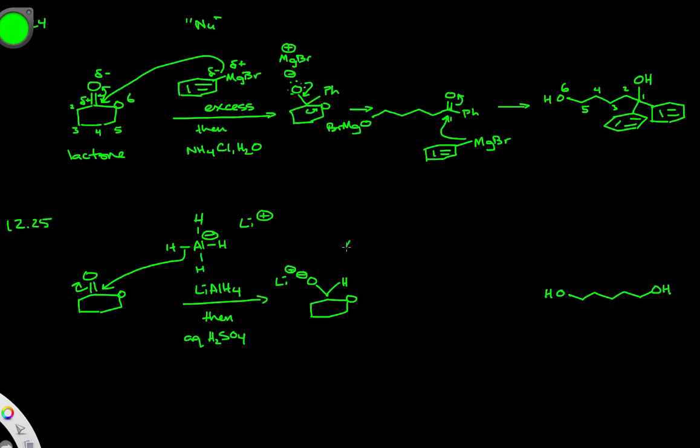And our byproduct is AlH3, alane. This intermediate is now going to break down in a similar fashion. We're going to reform the carbon-oxygen pi bond. We're going to break the carbon-oxygen ring bond. So this can be considered a leaving group.